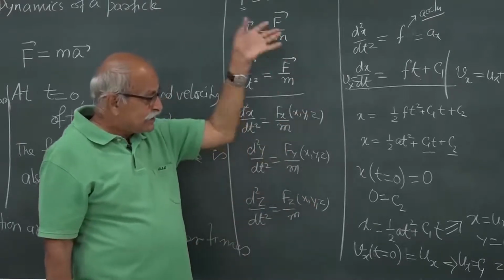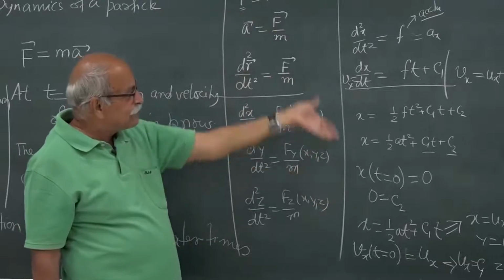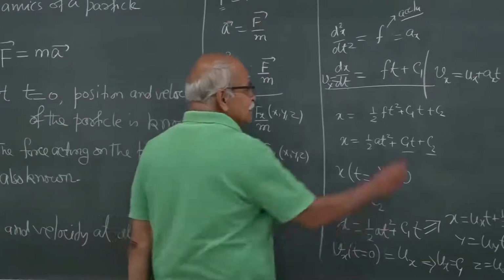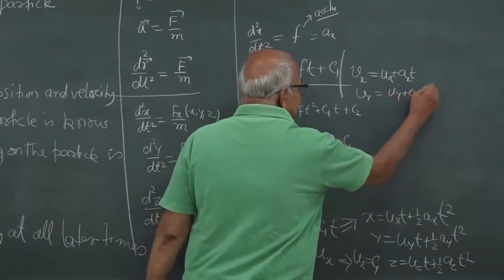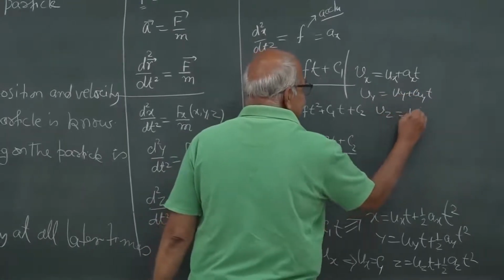So, those methods can be applied. Finally, you can get x, y, z, finally you can get vx, vy, vz. So, vx is this, vy is this and vz is this.